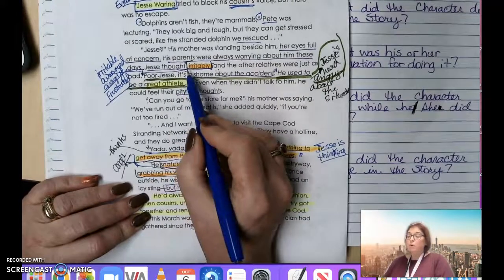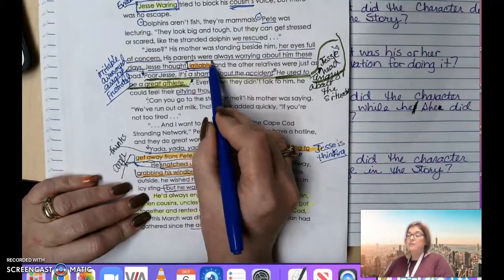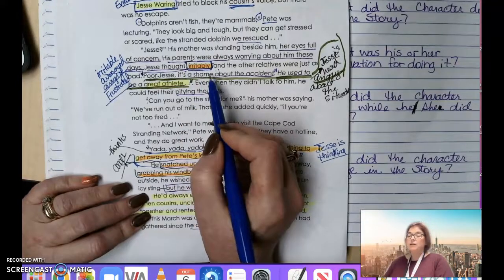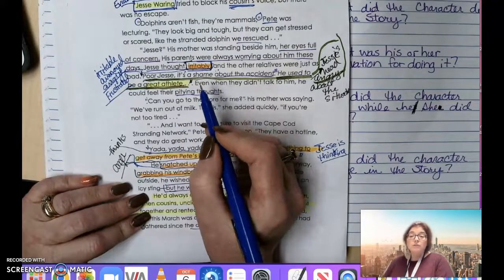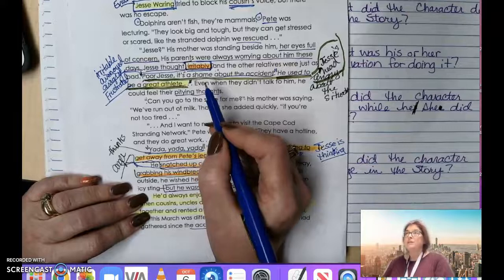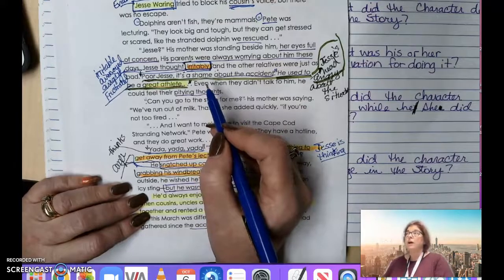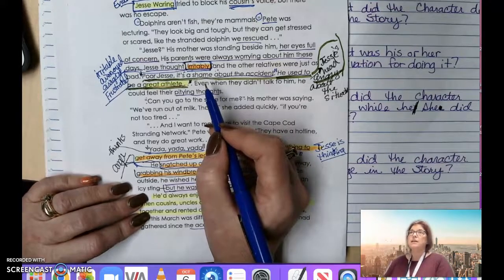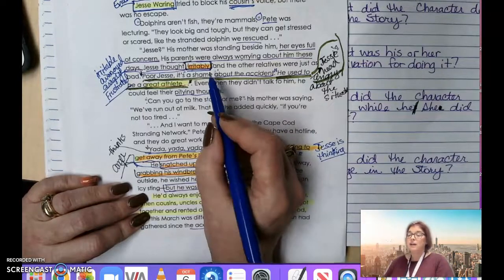I'm looking at this word right here. It's irritability. Irritability. Irritable. For example, Pete is irritable because he is droning on about saving dolphins. It's irritating, right? Irritable.